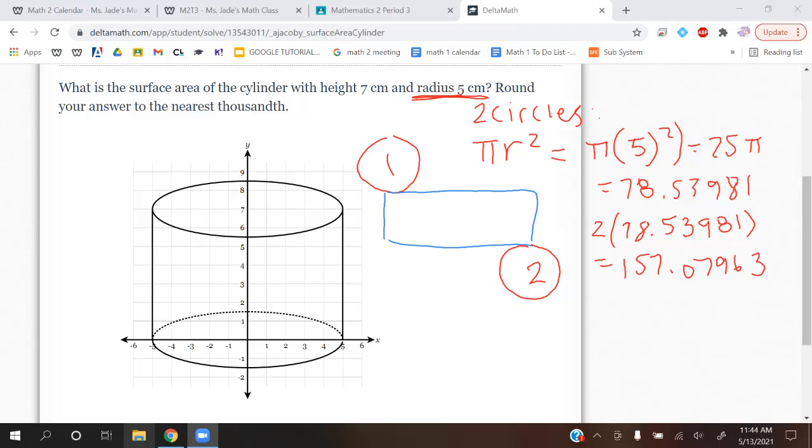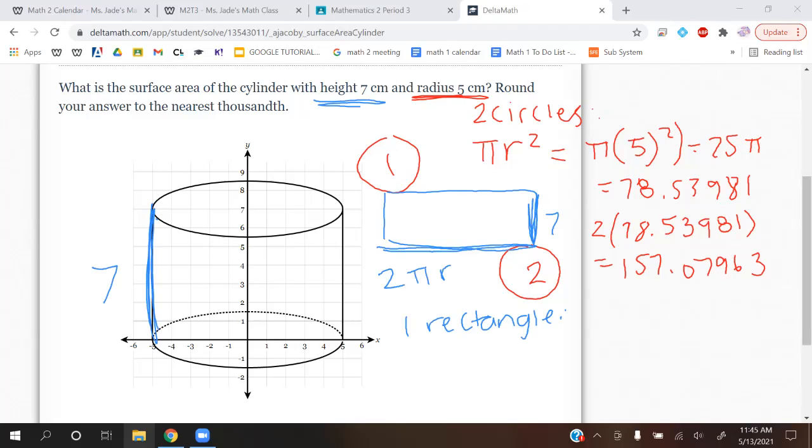And now for our rectangle. So for the rectangle, remember this side length is 2 pi r. That's equal to the circumference of one of those circles. And then the height over here, that's the height of the cylinder. So they told us that is 7. So when you're doing your one rectangle, you're going to do length times width.